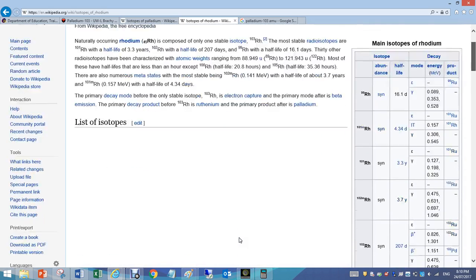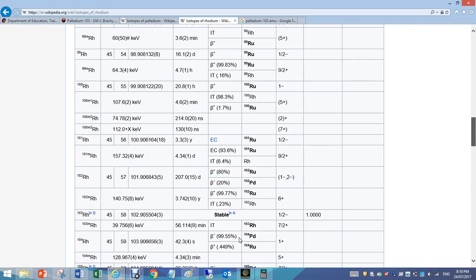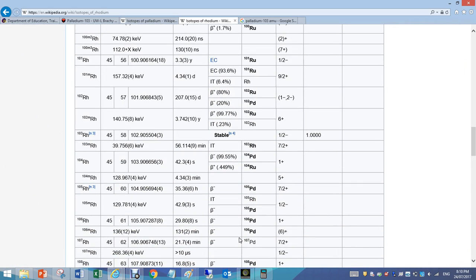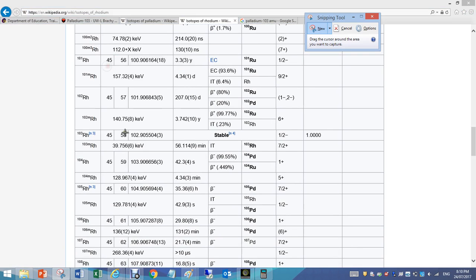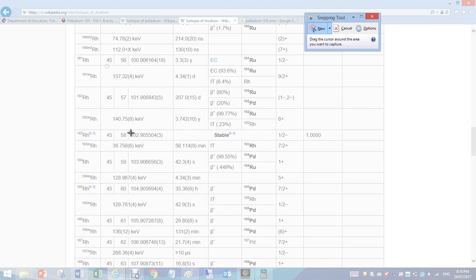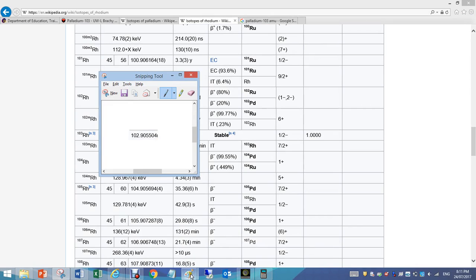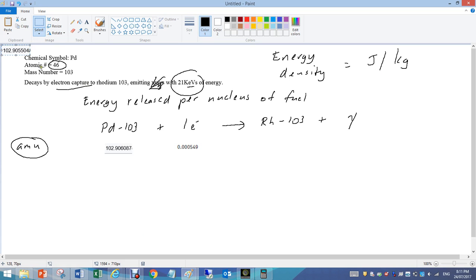Again, the Wikipedia page lists all the isotopes. 103, here it is. We're ready now. And gamma, it doesn't have any weight. It's got no mass because it's electromagnetic radiation, so we ignore that. So that's good, the first job's done.